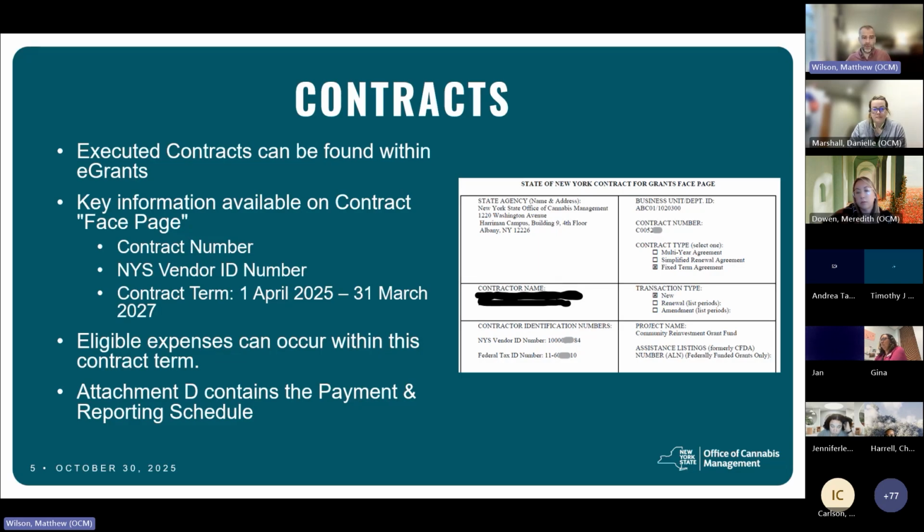The other important part of the contract to be aware of is Attachment D. That really goes over the payment and reporting schedule. That schedule is also reflected in some of the functionality that you will utilize in eGrants in terms of progress reports and financial reports.